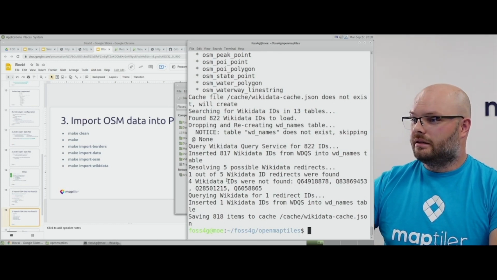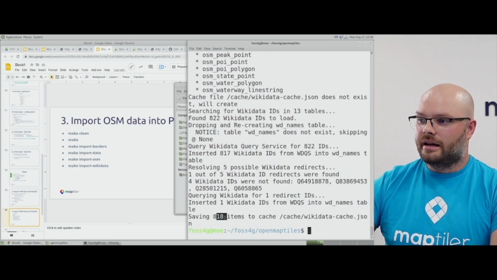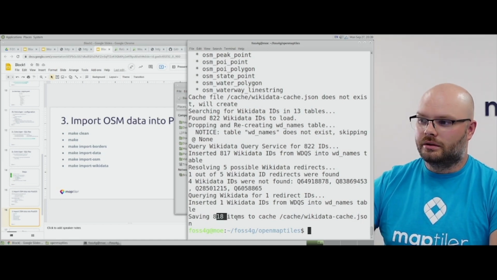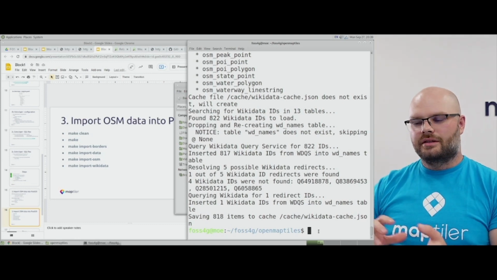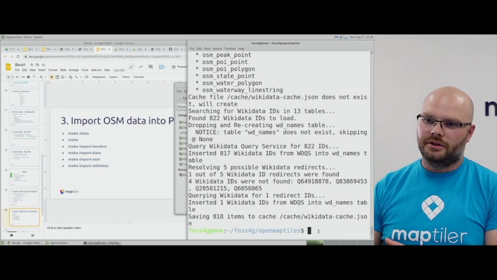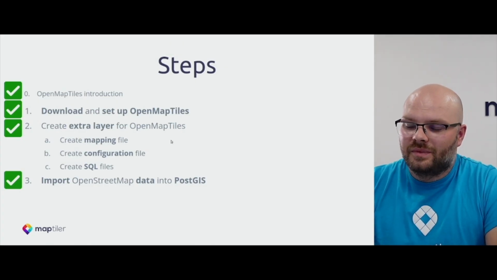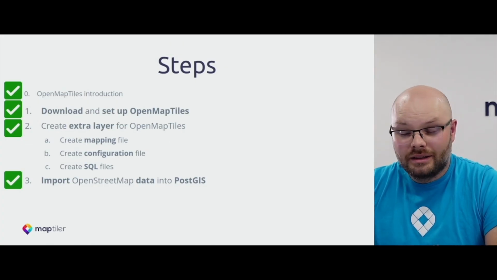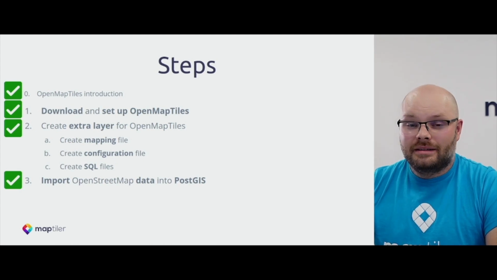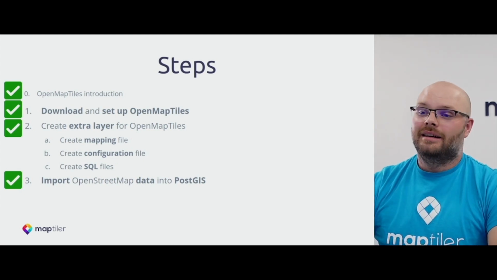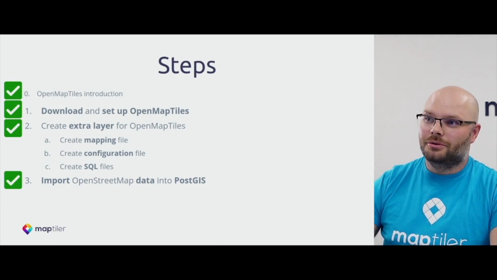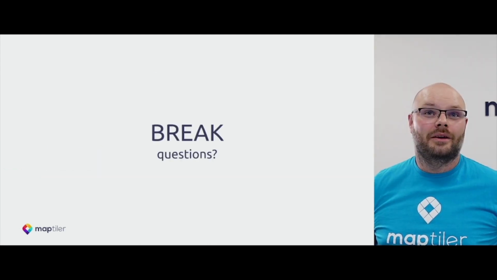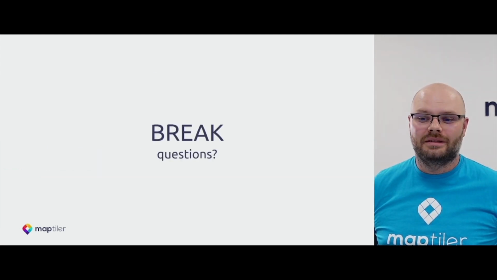In this case, there are 818 items, which include some language translations for the features. That was the last step of this block. I hope that you are okay and you are ready to go to the next blocks. Thank you for your attention.